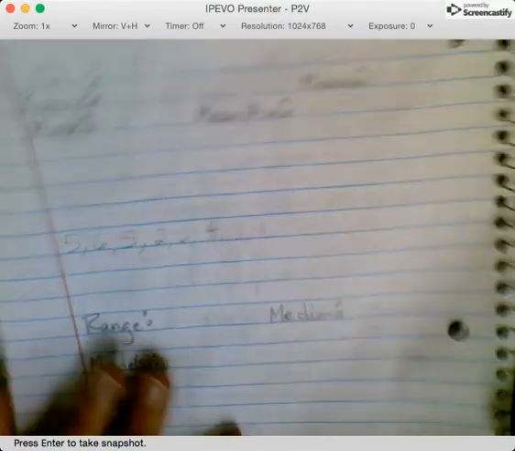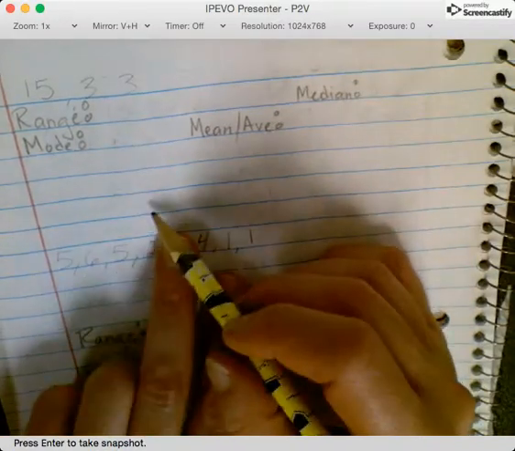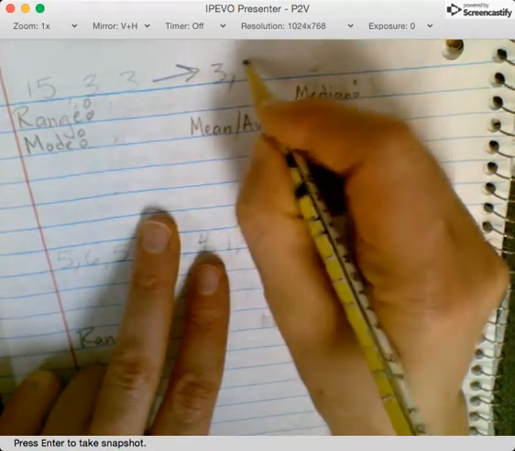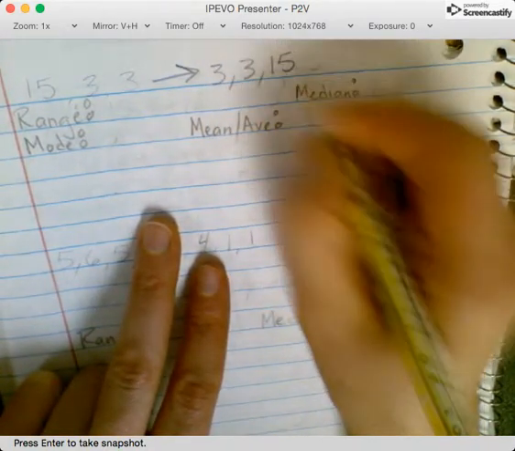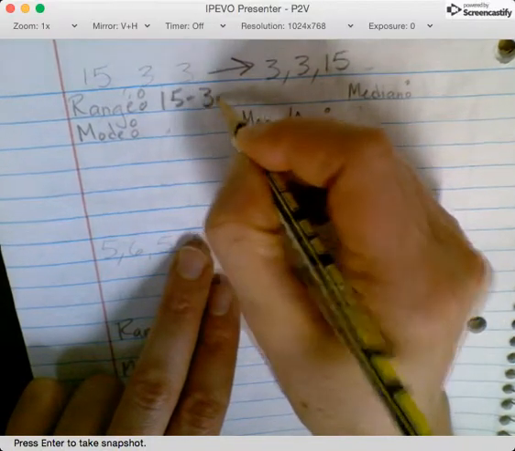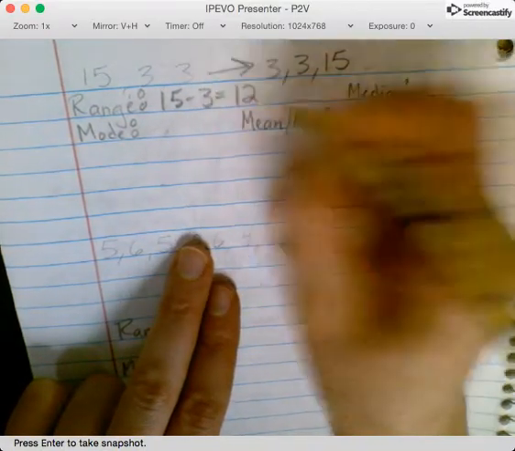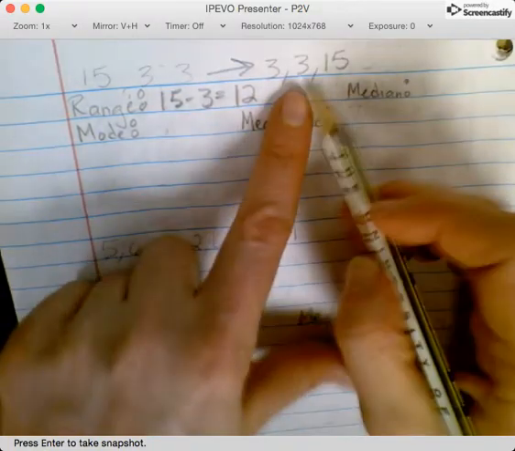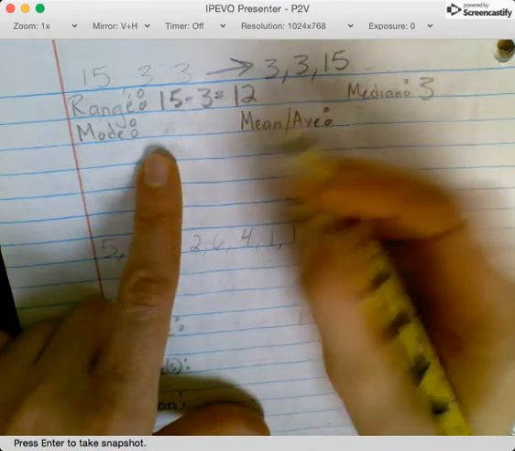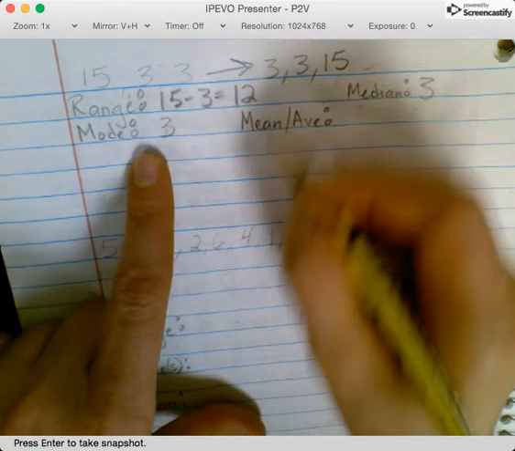My next example, I have 15, 3, and 3. So I'm going to write that in order, 3, 3, 15. And I take my biggest number, subtract my smallest number. That gives me a range of 12. My median is my middle number, which is 3. My mode is also 3 because I have 2 of those.